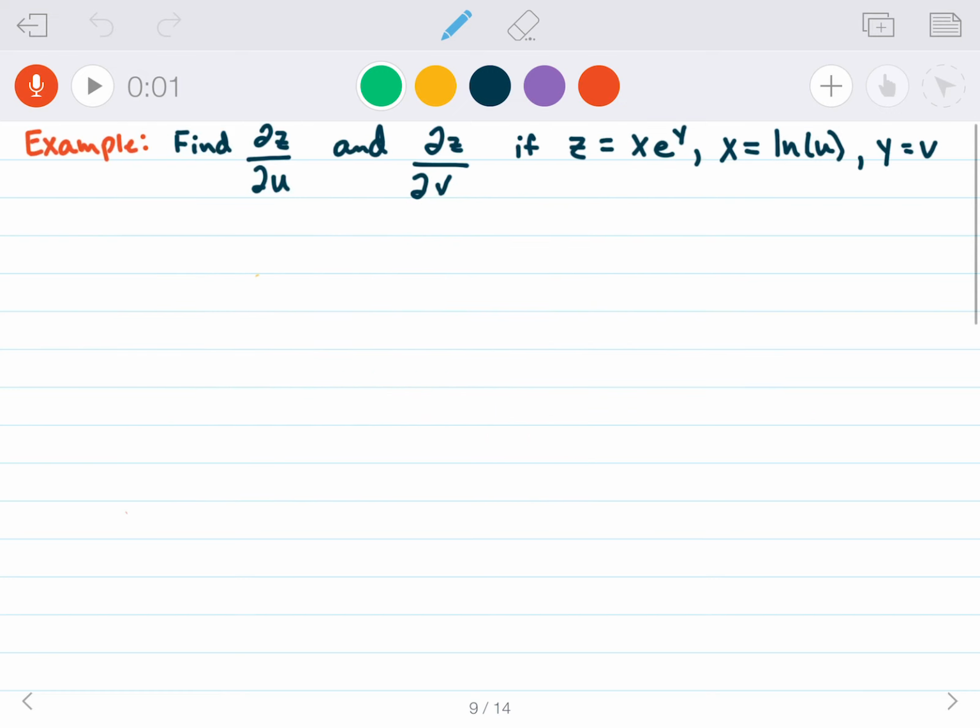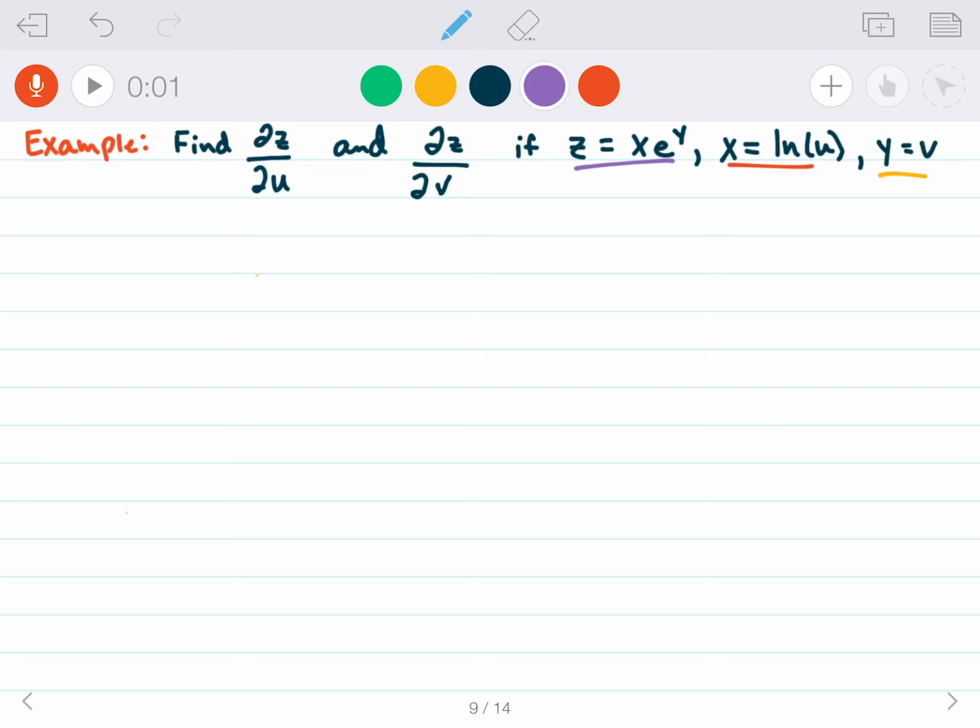Let's actually do an example now. So we want to find the partial of z with respect to u, and the partial of z with respect to v. What I like to start by doing is to just list out all the things that I can potentially find with respect to partial derivatives. I'm given 3 equations here, right? And I can find a bunch of things. I can find 6 things in particular.